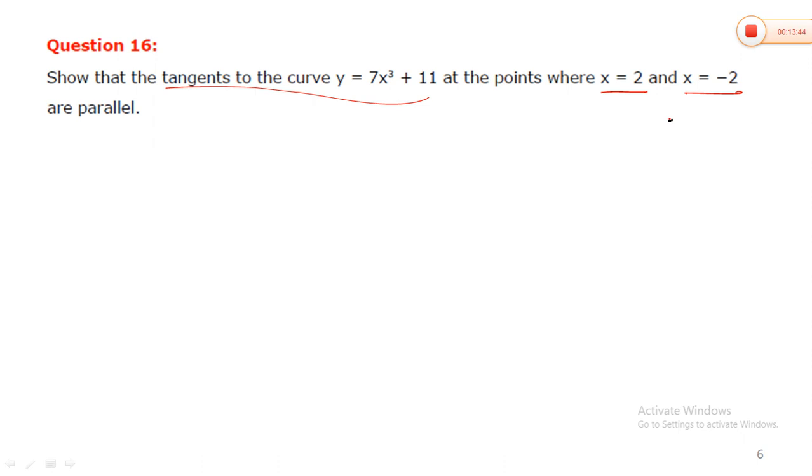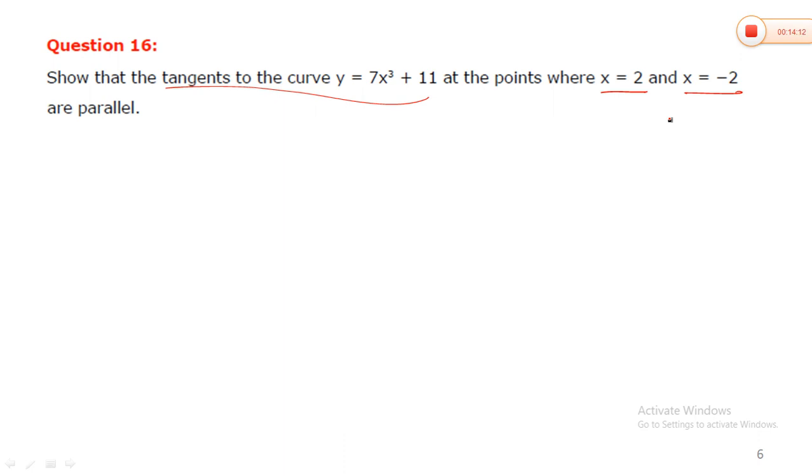Once again, the simple concept is that for parallel lines the slopes are equal. So differentiate this equation, find dy by dx and find the slope at x equal to 2, and find the slope at x equal to minus 2 also. If these two are equal, then we can say that the tangents are parallel.